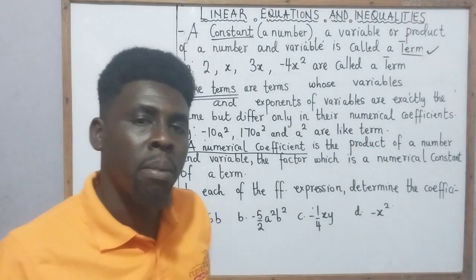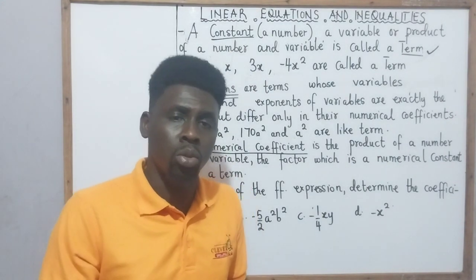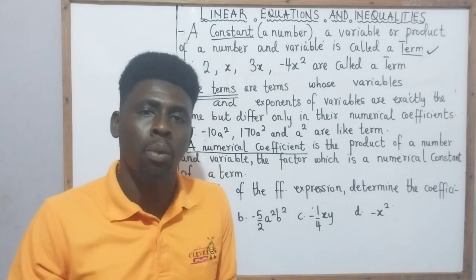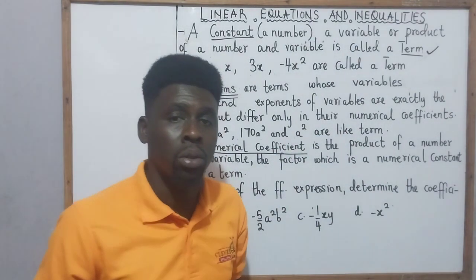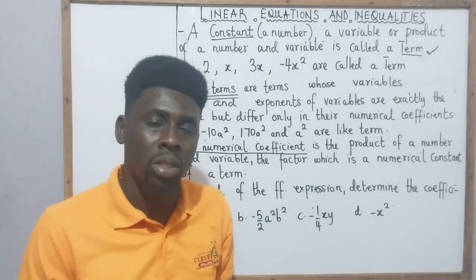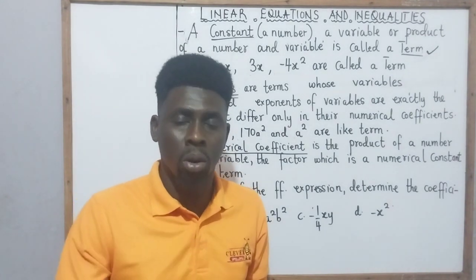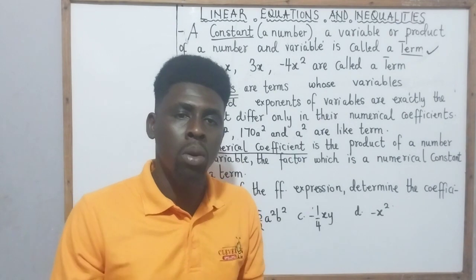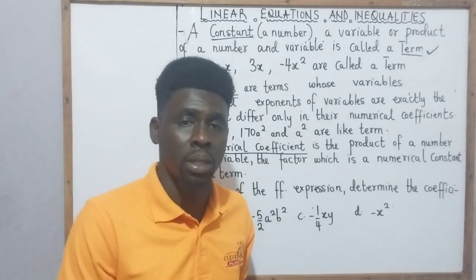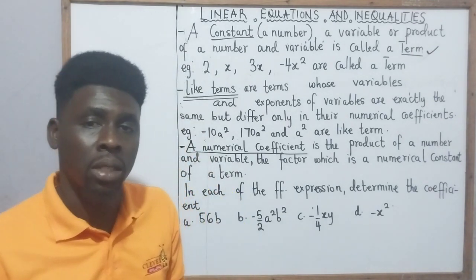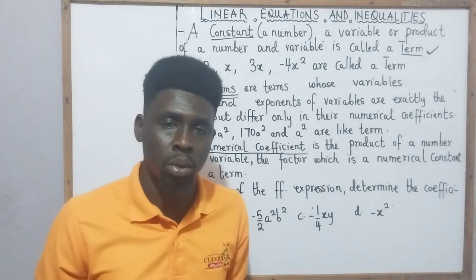We are talking about values that do not change anytime we are solving an equation. And when we talk about variables, we are talking about values that change depending on the equation. Mostly a constant normally has to do with numbers, and variables have to do with letters and symbols.